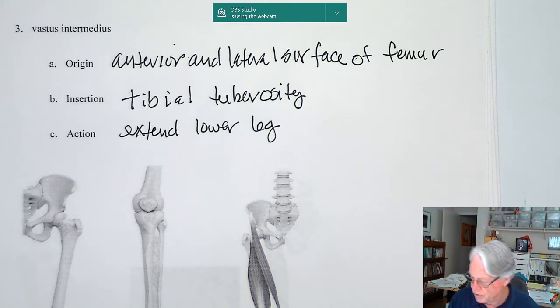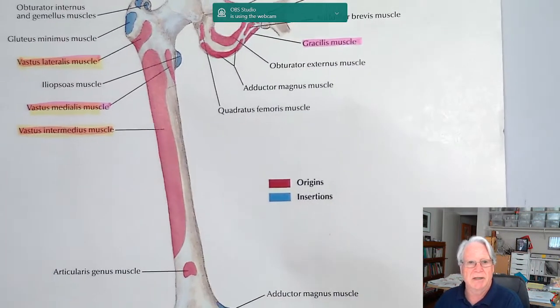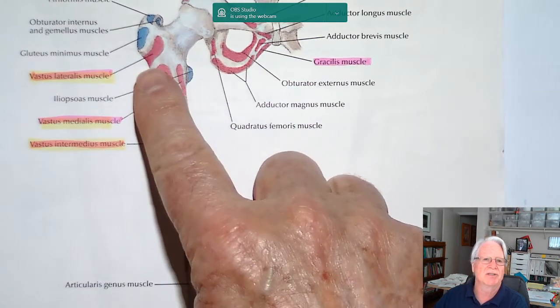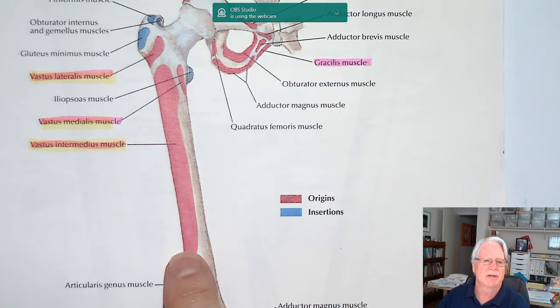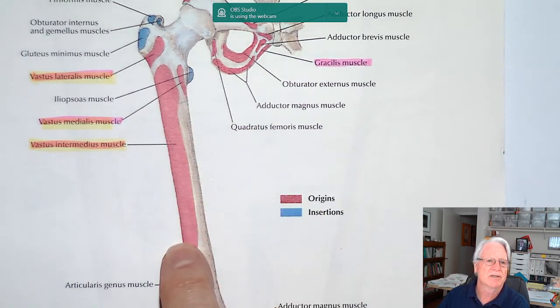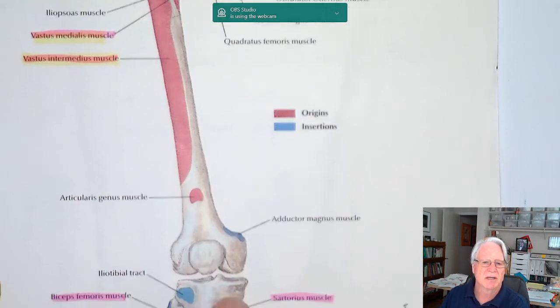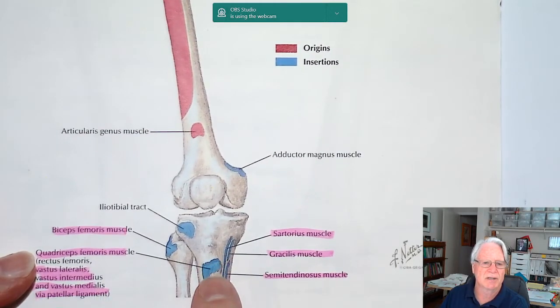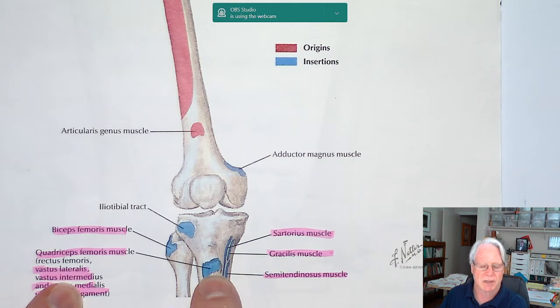So, and we're talking about vastus intermedius. And here we are, big swath of red right here. That's our vastus intermedius. And the insertion is right down here. So, vastus intermedius. Okay.